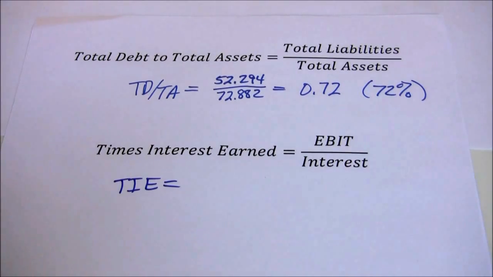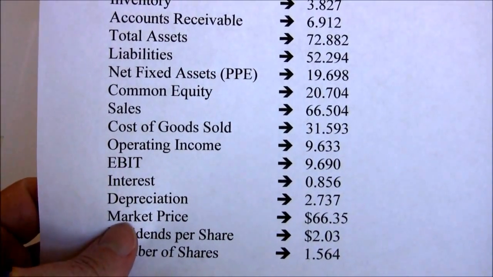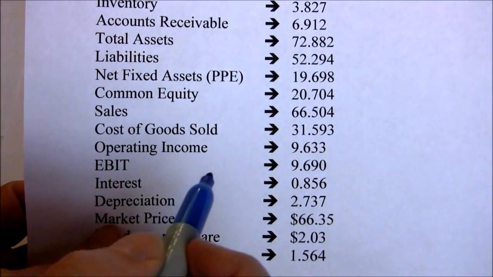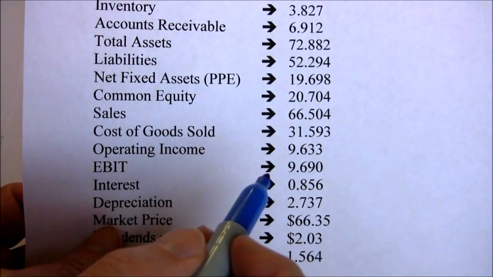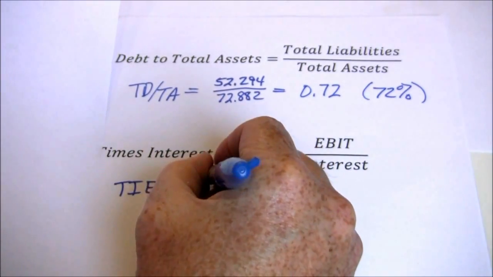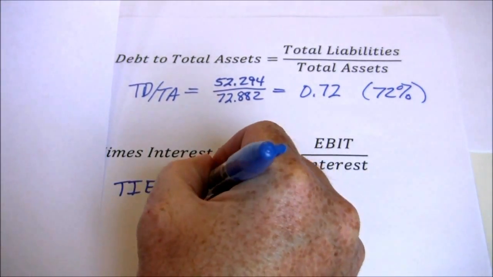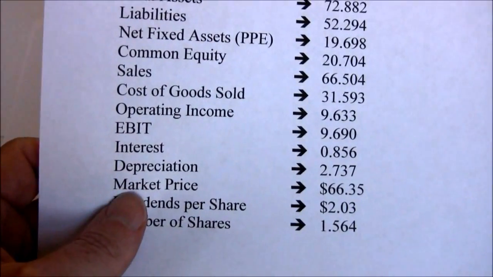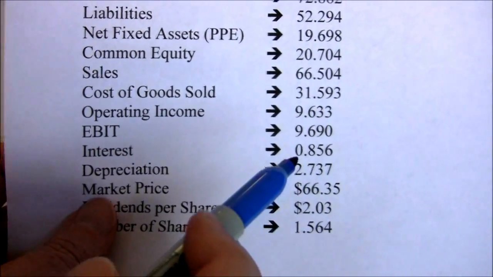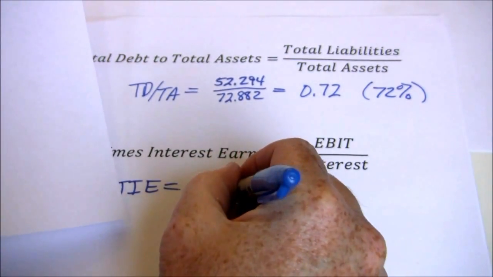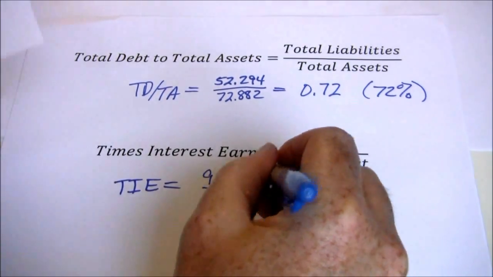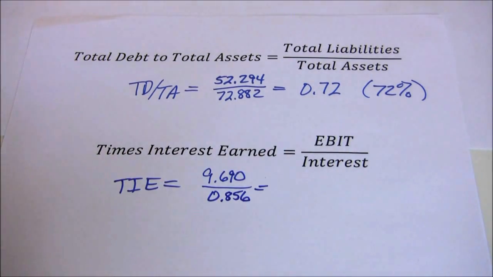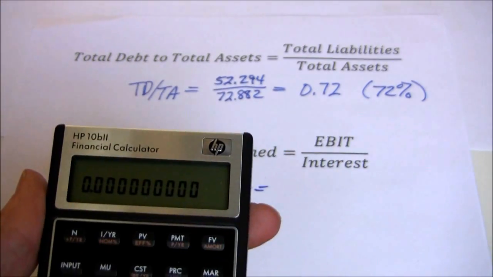Our earnings before interest and taxes, taken from the income statement, is 9.69 billion. And their total interest expense is 0.856 billion. Go ahead and do that calculation.